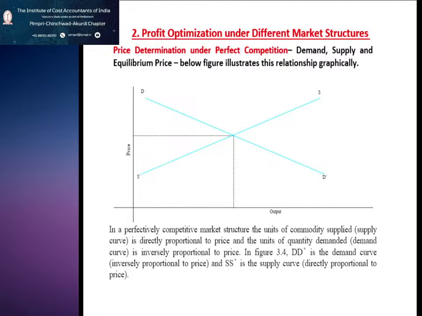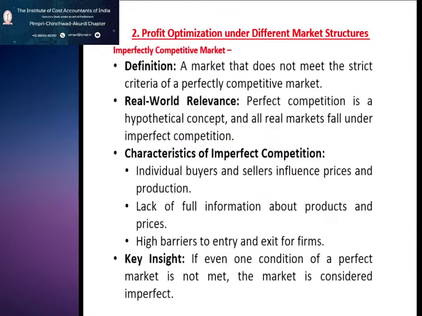In the figures above, DD, that is the demand curve, is inversely proportional to price and the supply curve is directly proportional to the price. So this was all about perfect competition and the price determination in the perfect competition scenario.